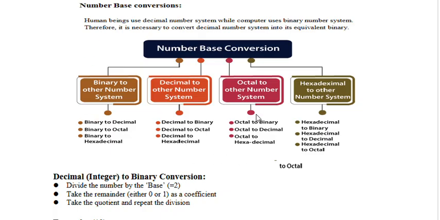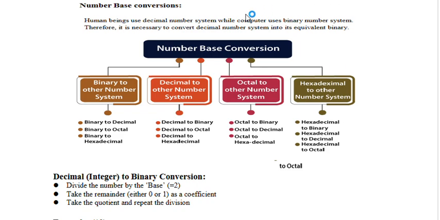If you see this flow chart, you can understand briefly: binary to decimal, binary to octal, binary to hexadecimal. Similarly decimal to binary, decimal to octal, decimal to hexadecimal, and from octal and hexadecimal to other number systems. So these are the many ways we have to convert from one number system to another.